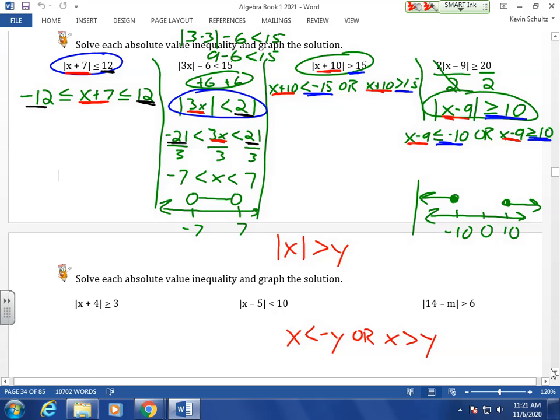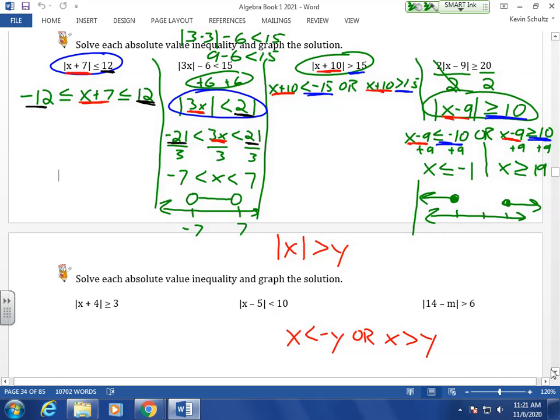Anyway, back to what we have here. We still need to get x by itself. So we add 9 to both sides, solving this separately here. We get x is less than or equal to negative 1. Add 9 to both sides on the other side, and we get x is greater than or equal to 19.